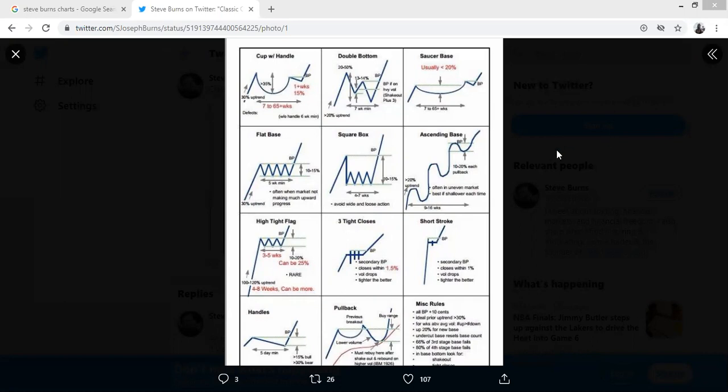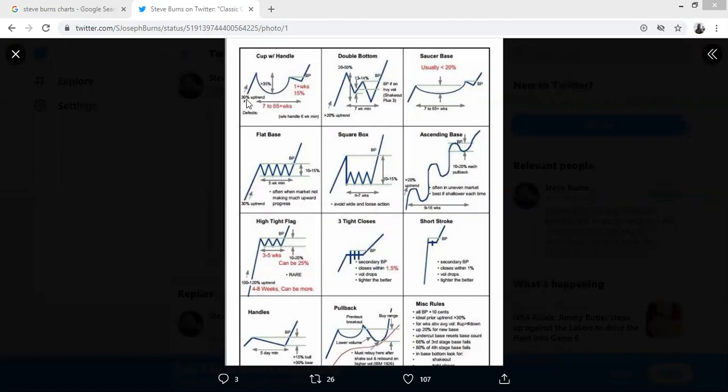So this chart right here is what's known as bullish chart patterns. And the two most, I would say, used chart patterns in charting are the cup with the handle and the saucer base.